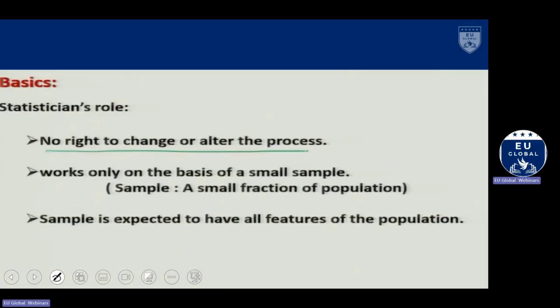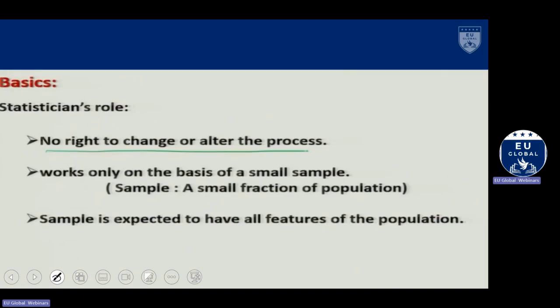That is not possible, right? Then it is not the correct way to judge a sample, because a sample is a representation of the entire population. So the sample must represent the entire population.